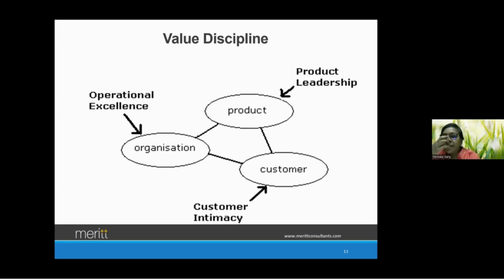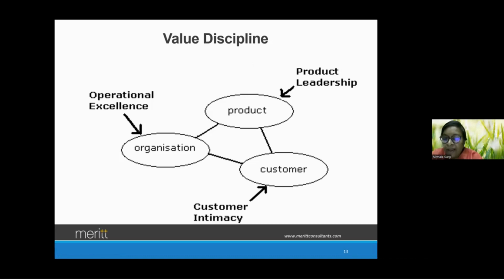I as an organization can deliver value to the customer from an operational excellence point of view, or from a product leadership point of view, or from a customer intimacy point of view. There are three types of organizations.